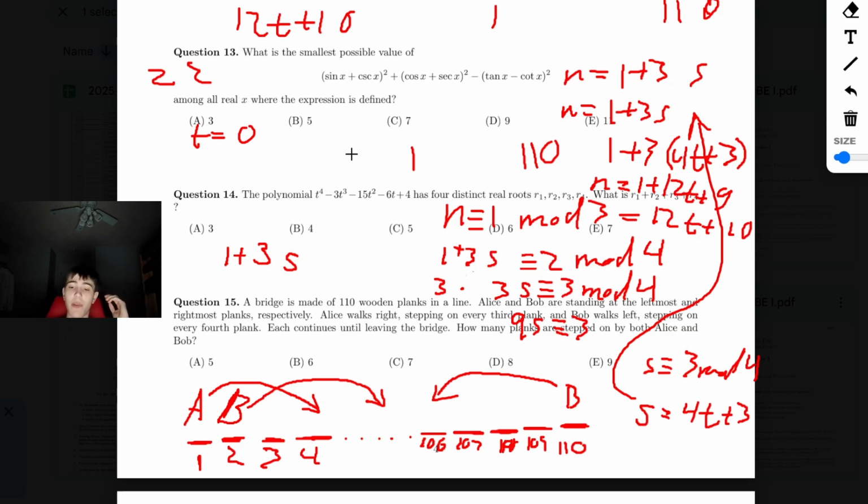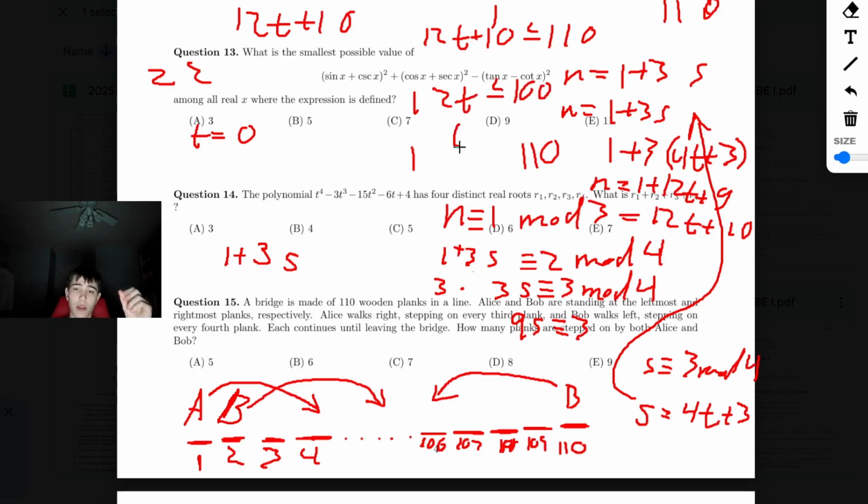Okay? We need to find the biggest t that we can fit into that bound of 110. So we need the biggest t such that 12t plus 10 is less than or equal to 110. So 12t is less than or equal to 100. So t is less than or equal to 100 divided by 12.